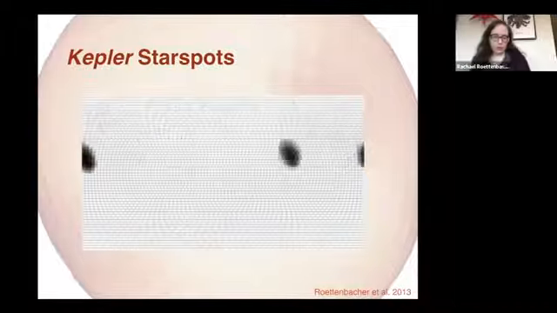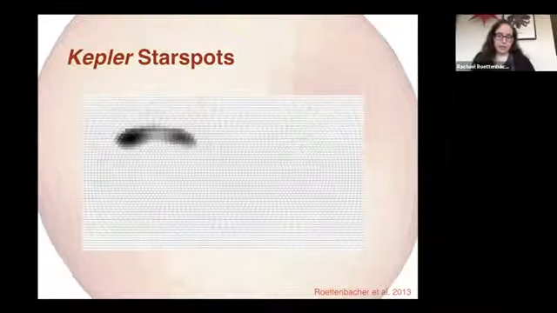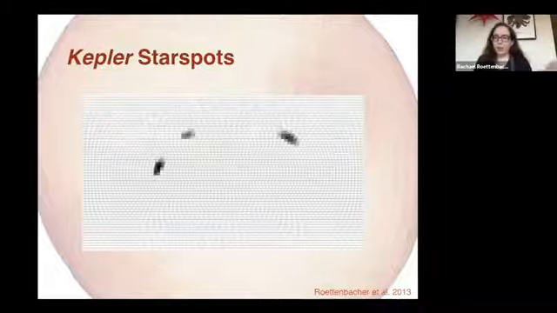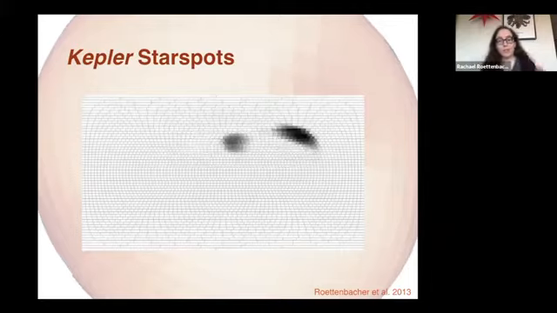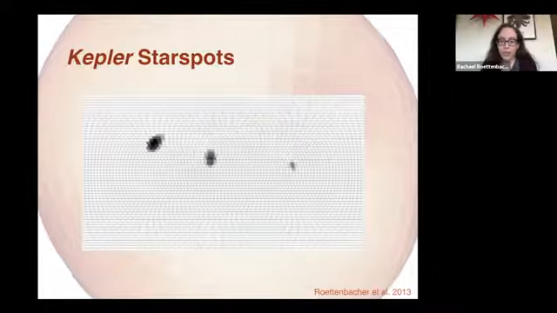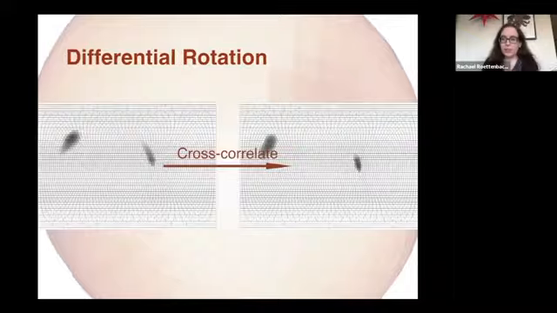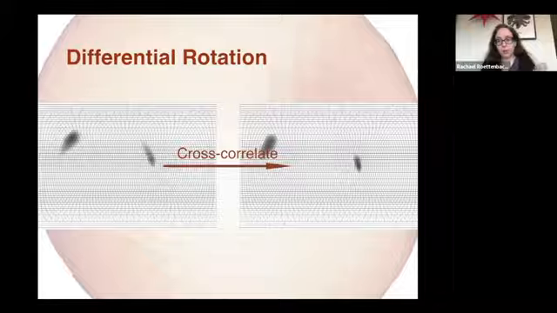One thing that I've been really focusing on lately, and it's going to be a common theme throughout this talk, is differential rotation. I felt compelled to see if, with these images, we can actually reliably pull something out of them. So the idea is to take two of these sequential images and cross-correlate them.